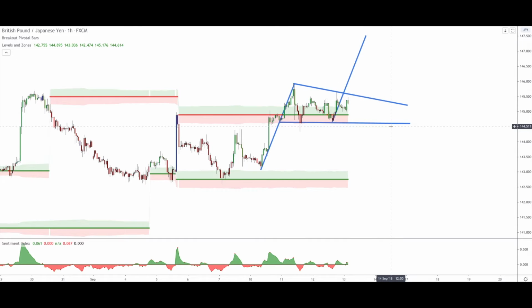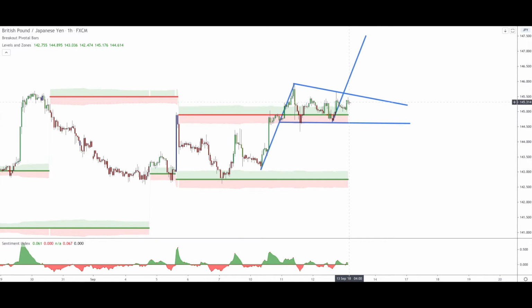Why I'm saying so? Well, first of all, because we have an indication from the levels and zones that the price is currently sitting above a support line. You see here, this is a strong support level, which is indicated by the levels and zones, and we have another major support down here.